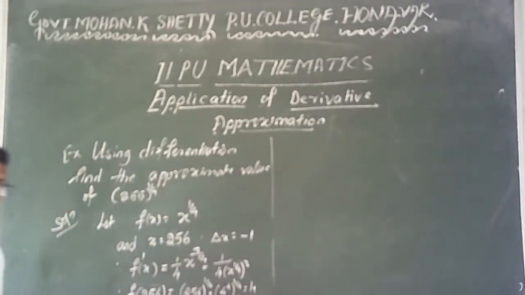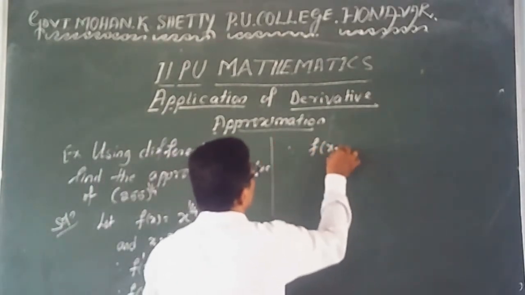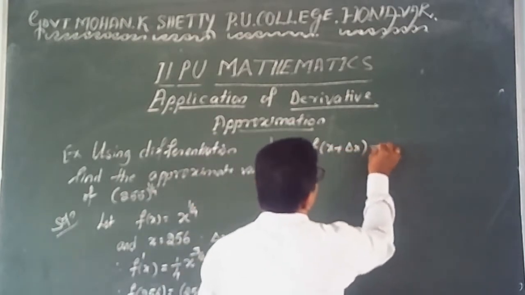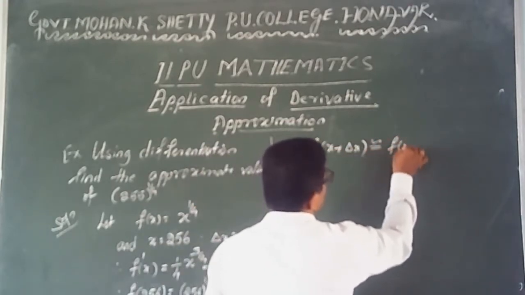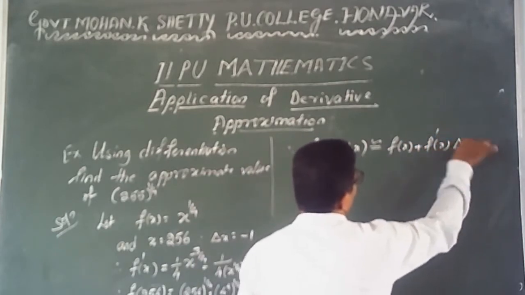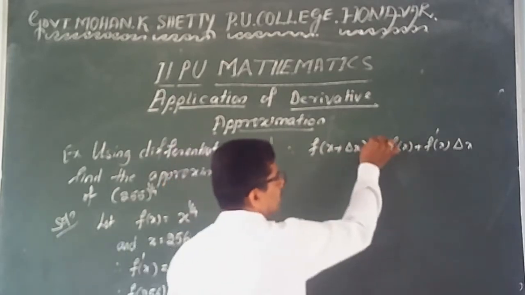It's clear? We know that the value of f of x plus delta x is approximately f of x plus f dash x into the change of x. This one is the approximate value. Clear?